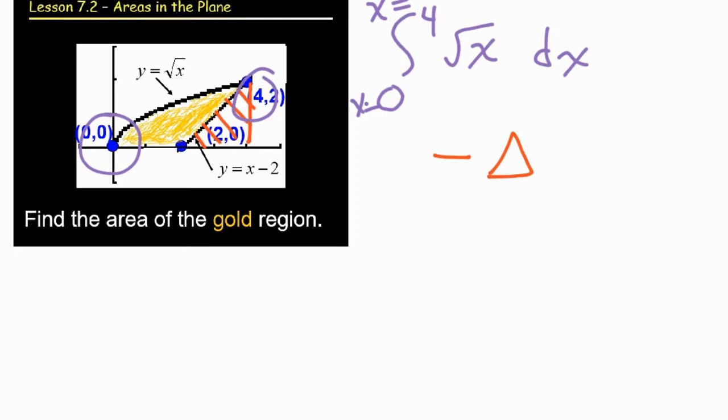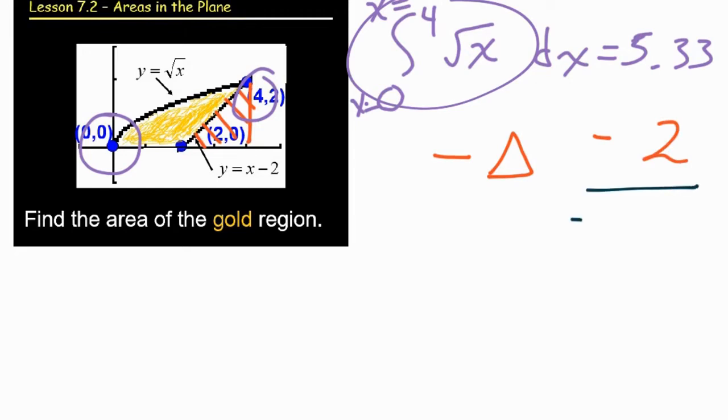It turns out that if you do the integration the whole way from 0 to 4, you get 5 1/3, and the area of that triangle ends up being 2, which takes us back to the same answer, 3 1/3. Once again, this problem was a dx integration because I did the problem with x values, but notice that I had to subdivide.